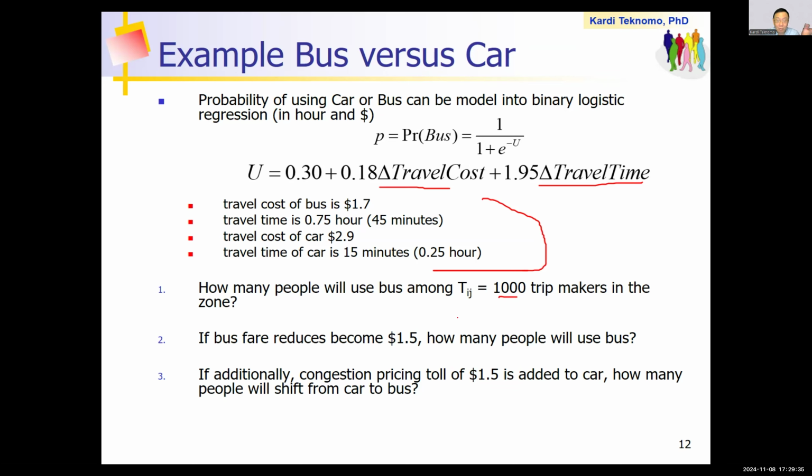The idea of mode choice is basically you want to make the middle income people shift from using private vehicles into public vehicles.